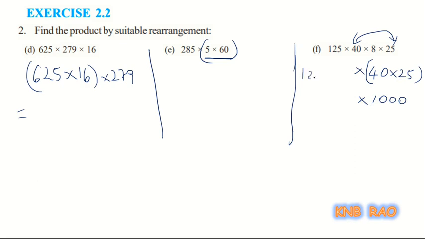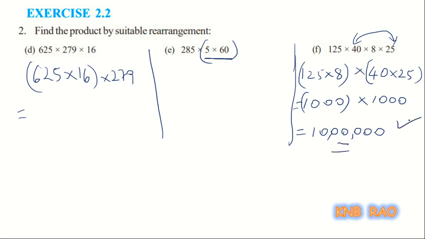And 125 8s gives me again one more 1000. So 1000 thousands, it is 1 beside 6 zeros, it is 10 lakh. Okay, so that's how we need to multiply. So F I have done, you need to do E and D.